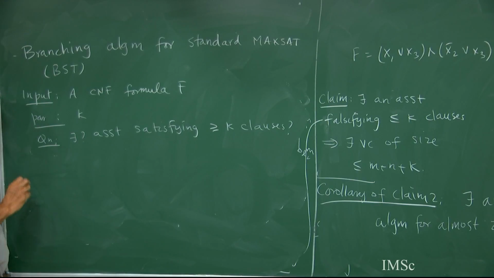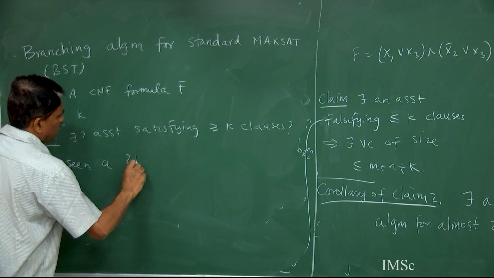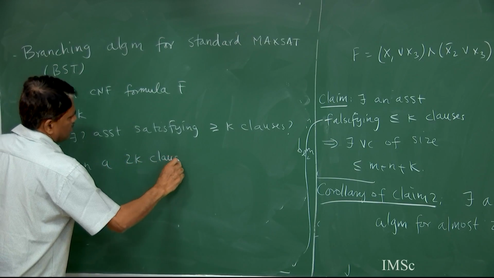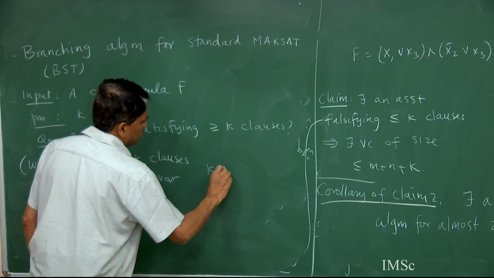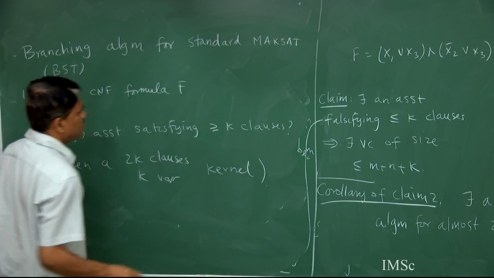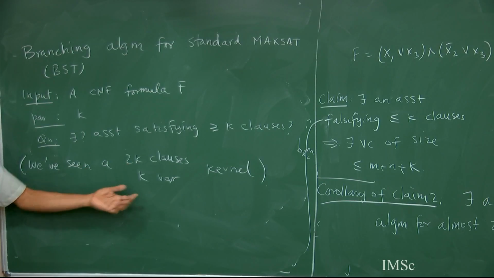Okay, we have seen a 2K clauses and K variable kernel. What that means is, given an arbitrary CNF formula like this, in polynomial time, we can produce an equivalent instance which has at most 2K clauses and at most K variables.